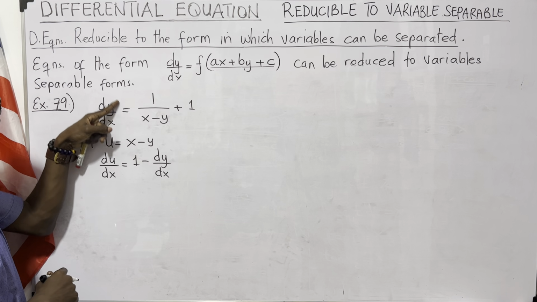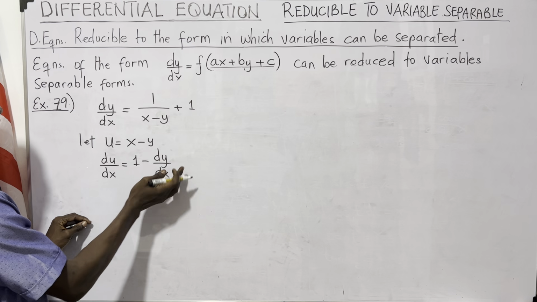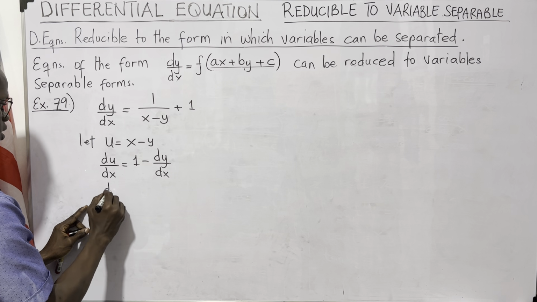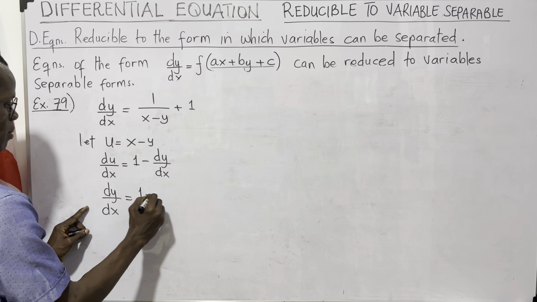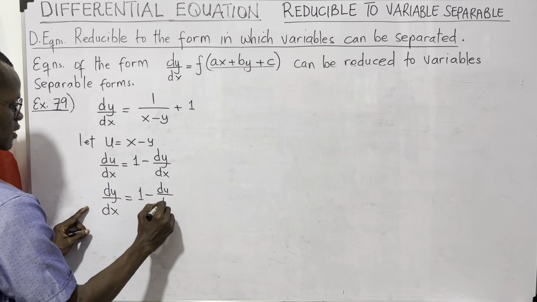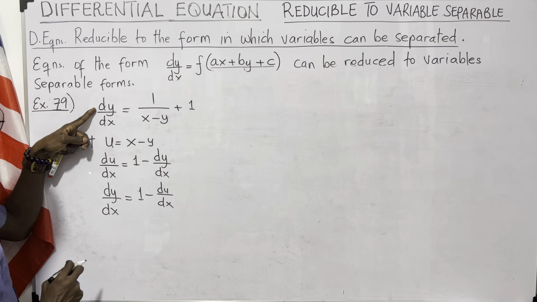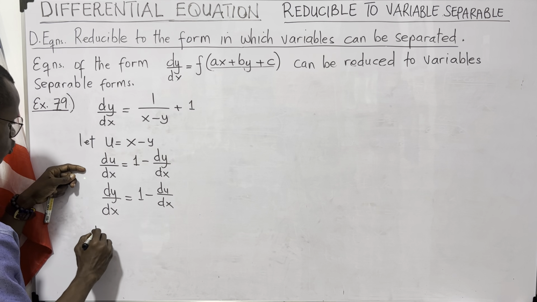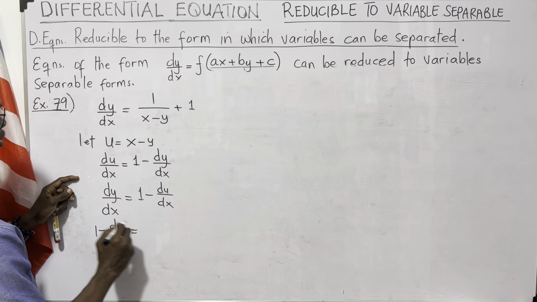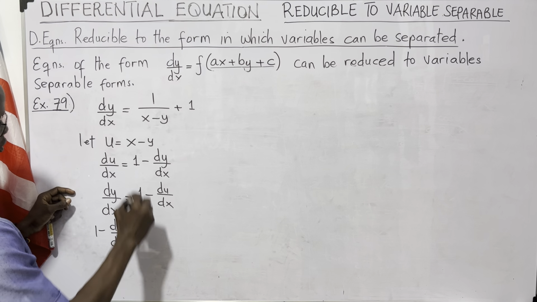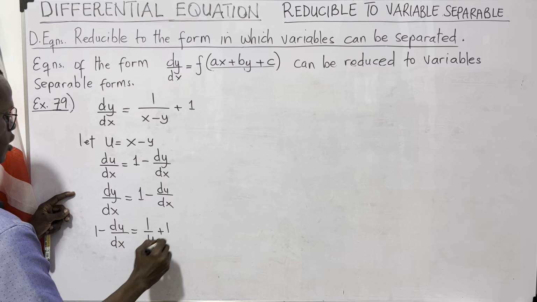Next step, let's solve for dy by dx. So we have dy by dx equals 1 minus du by dx. So we go back to the problem to replace where we see dy by dx. We put 1 minus du by dx equals 1 over, this whole thing now is just u plus 1.